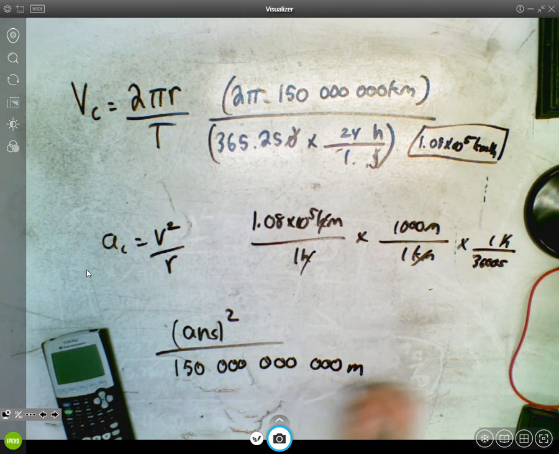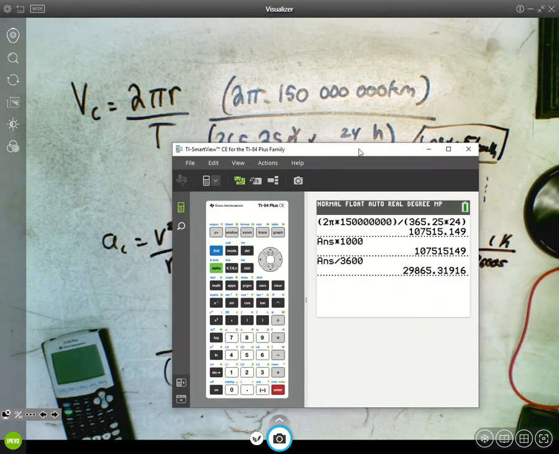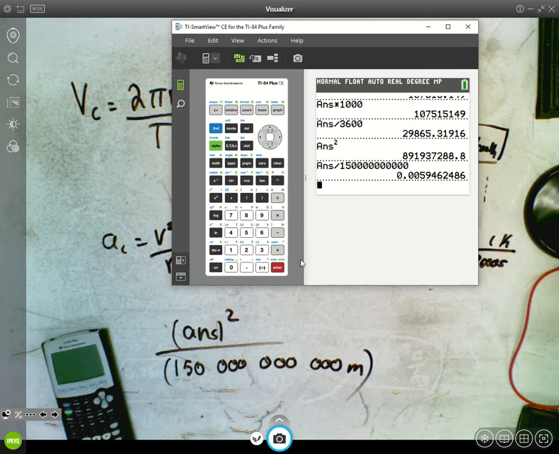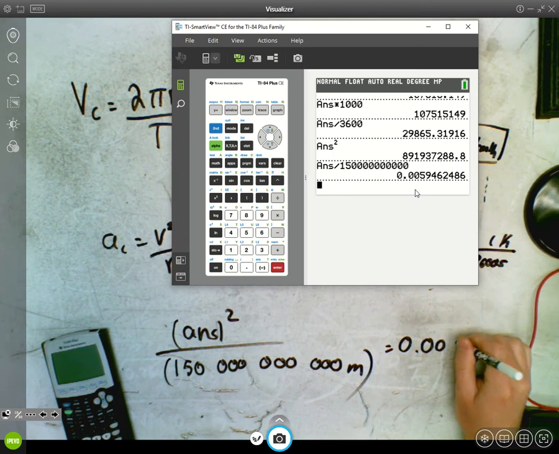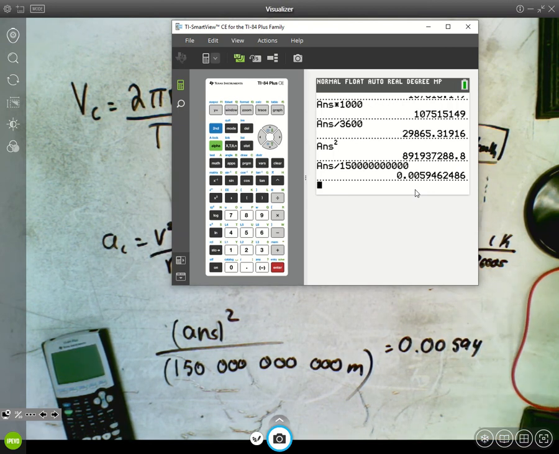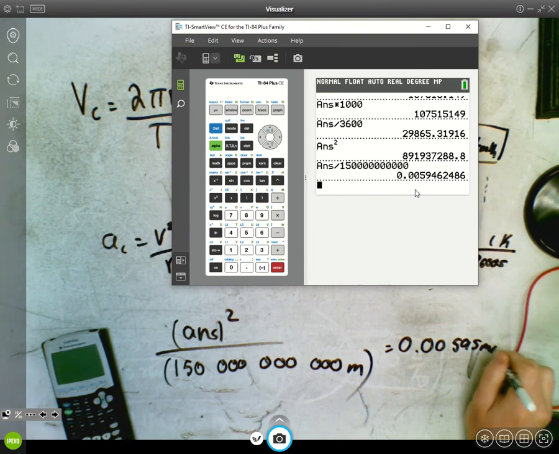So if I take my answer in meters per second, and I square it, and then I divide it by 150 and those zeros, we get that. That's our acceleration. So we have an acceleration of 0.00595 meters per second squared.